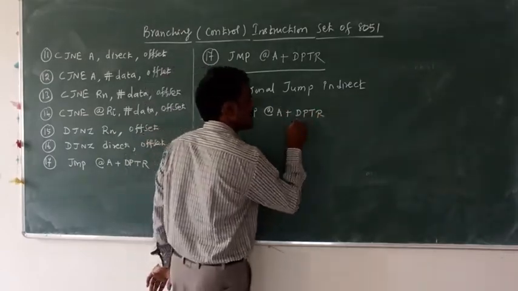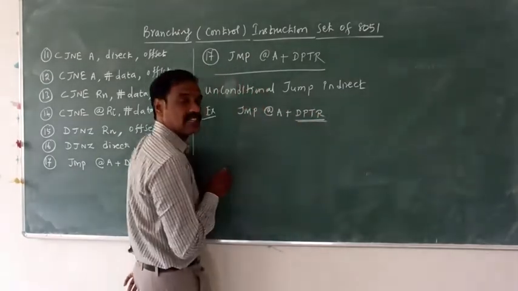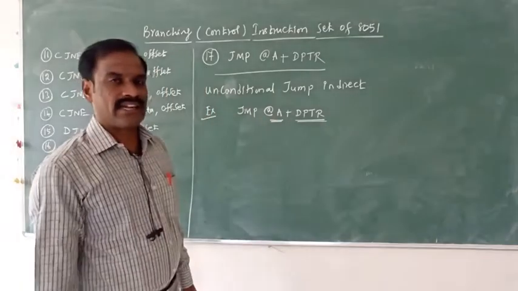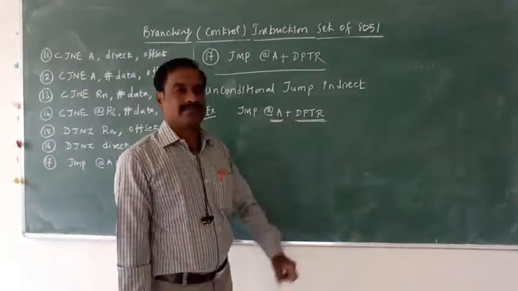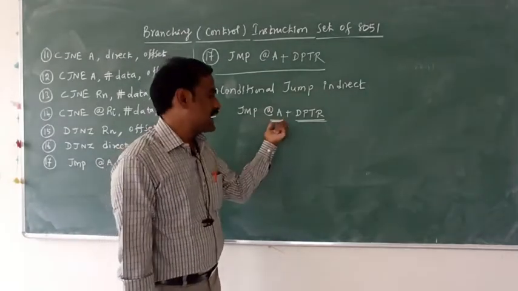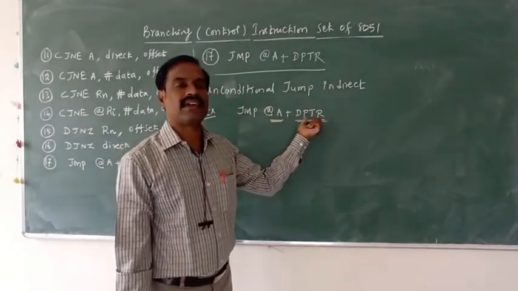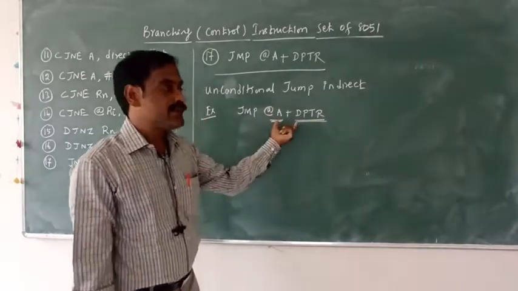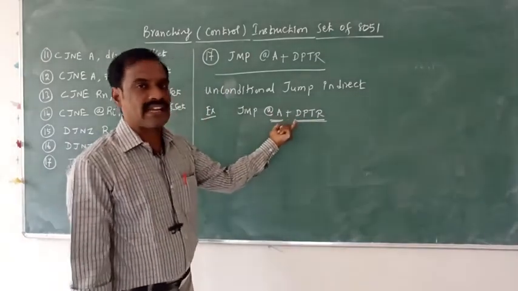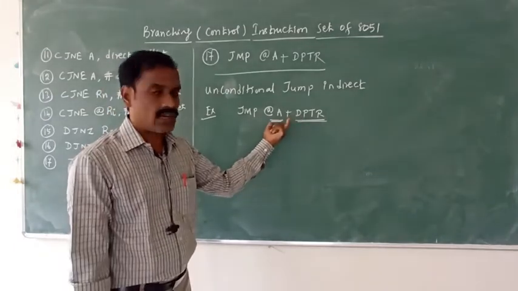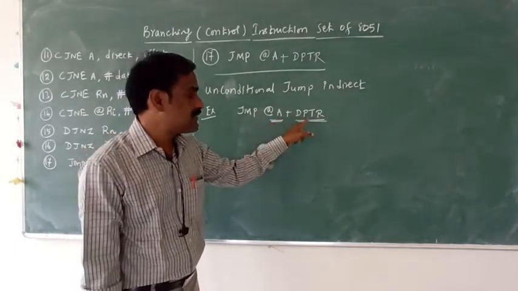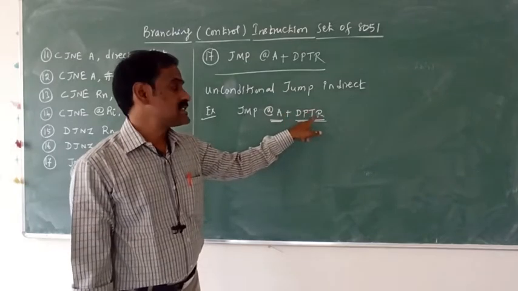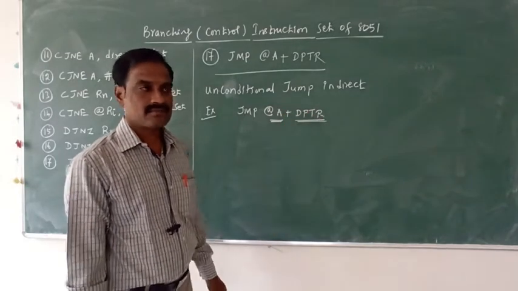First, we have to initialize the data pointer address and the data in the accumulator. It will add the accumulator data with the data pointer data. After that, it will jump to the given memory. So the memory is not directly available; the memory will be available indirectly in a register pair.